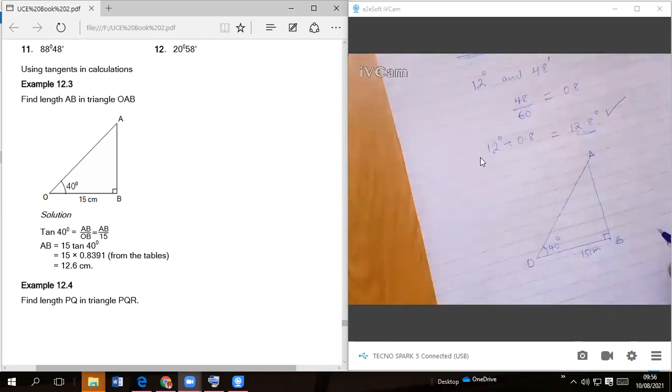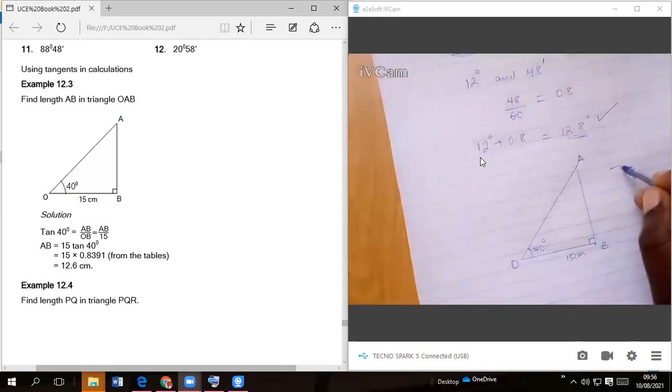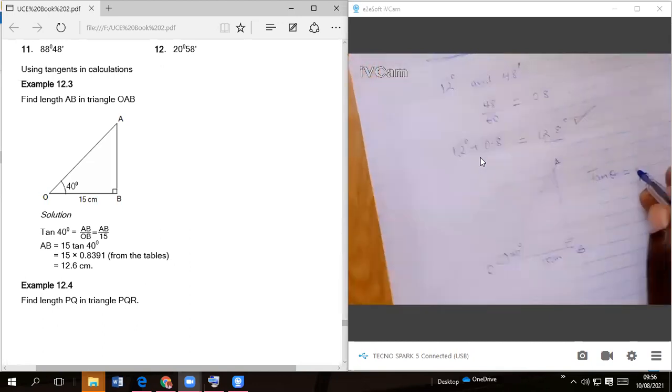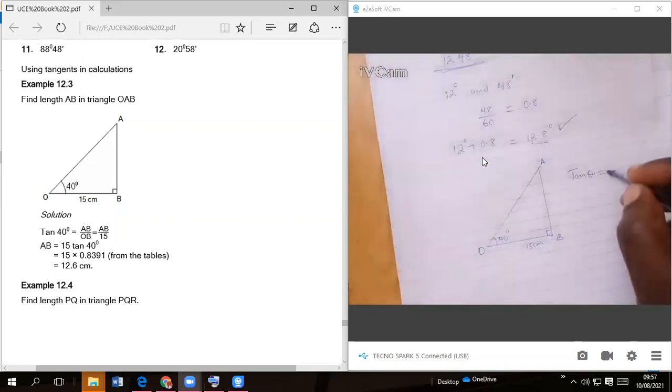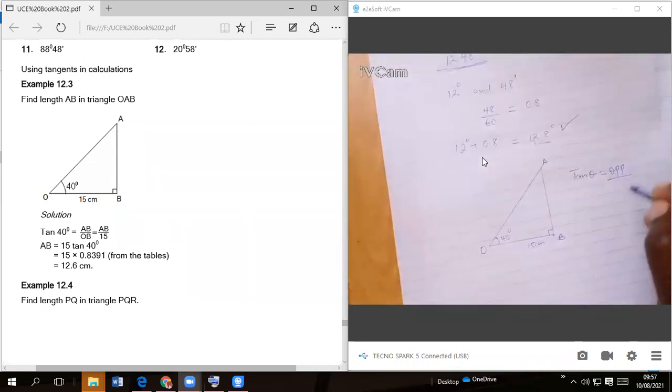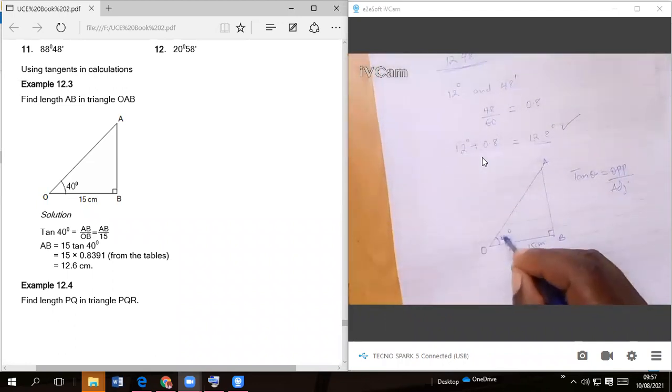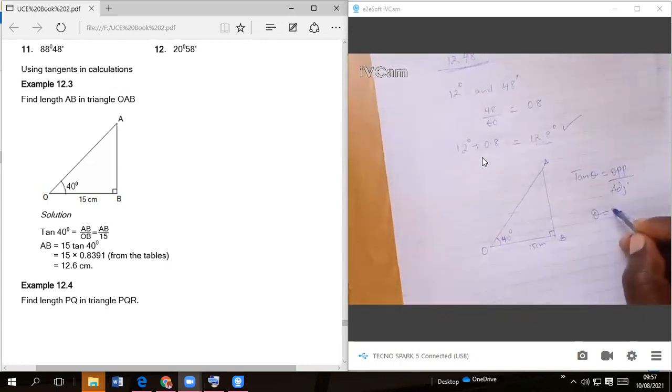So here we know that tan of theta is given by the opposite over the adjacent. So the opposite, if this is theta, which is 40, so our theta this time is 40 degrees.